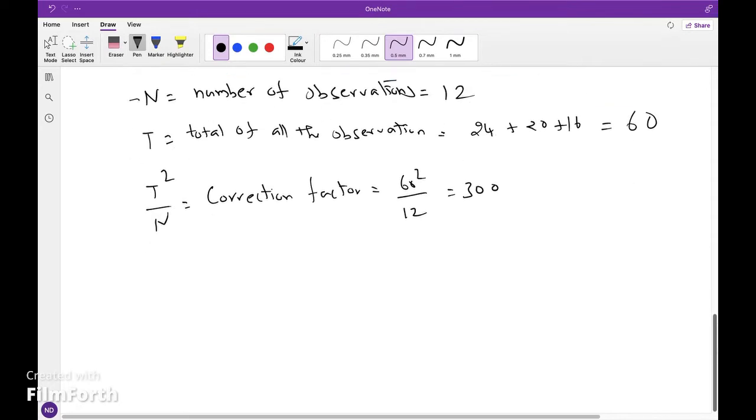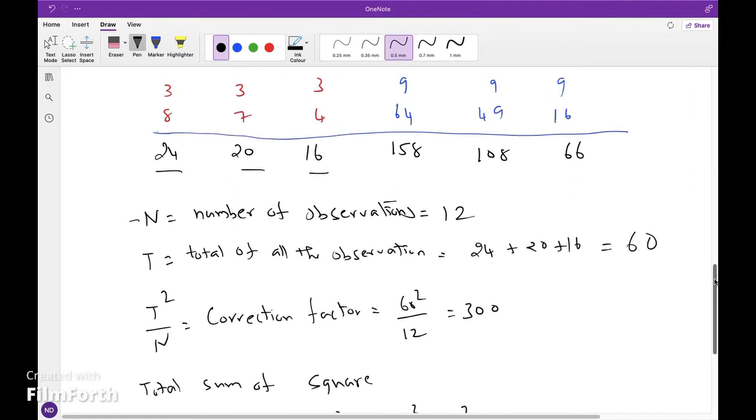Next find the total sum of squares, that is equal to summation of x1 squared plus summation of x2 squared plus summation of x3 squared minus T squared by n.